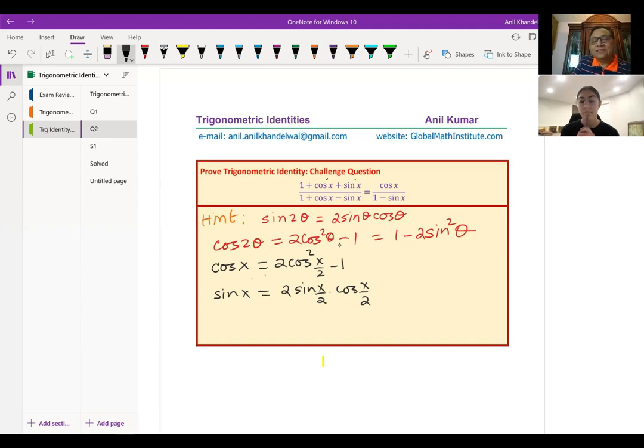And this is the other factor, and cos x by 2 is common to both numerator and denominator, so it will cancel out and you will be left with this term. So that is the technique to solve this question easily. Otherwise, it is a very difficult question. I'd like you to try this technique and show me the solution.